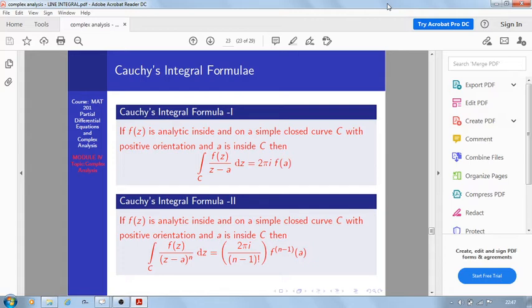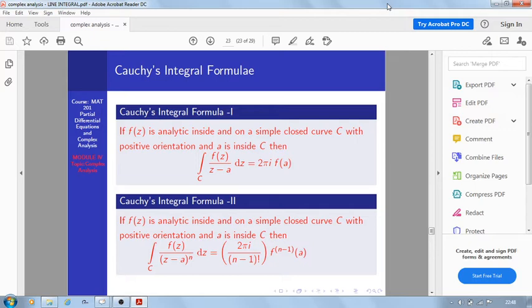So integral over C f z divided by z minus a dz will be equal to 2 pi i into f of a if a is a point inside C. So even though the function f z is analytic within C, the function f z by z minus a is not analytic at the point a. That's why the integral is not equal to 0. So if a lies outside C, then the function f z by z minus a will be analytic inside C and the integral will be 0.